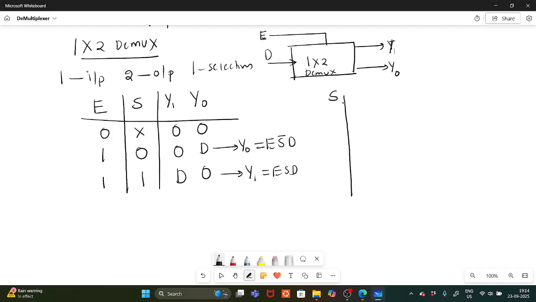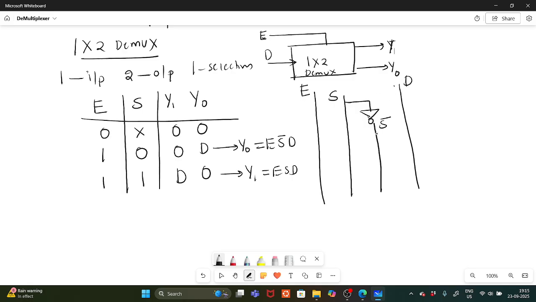Next you need to draw the logic circuit. This is S, connected with an inverter, giving S bar. Here I am taking enable, and this is the D input.